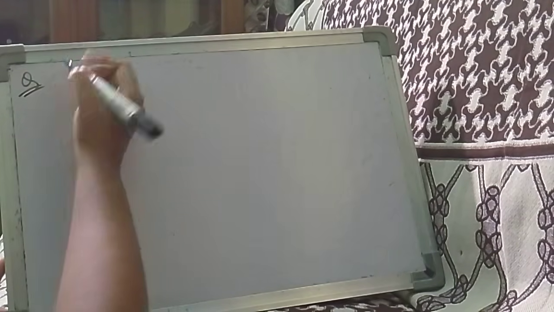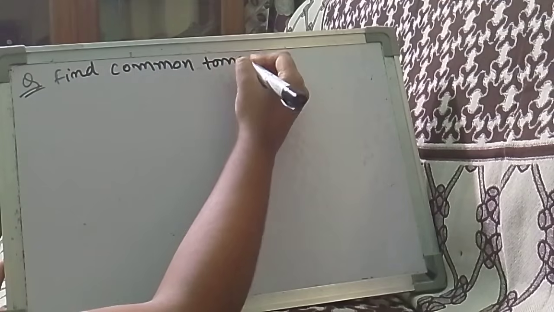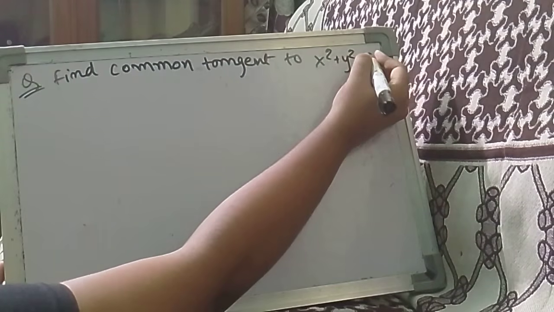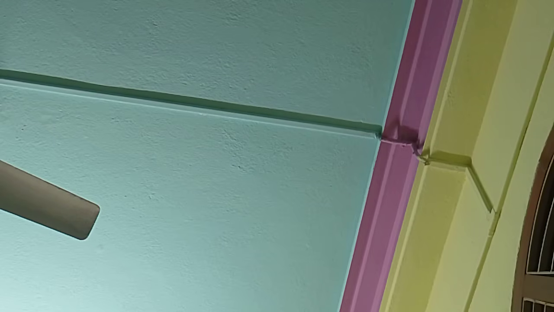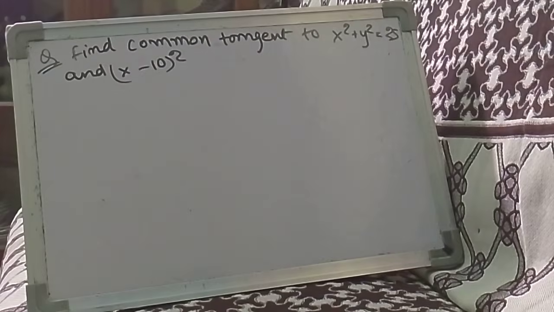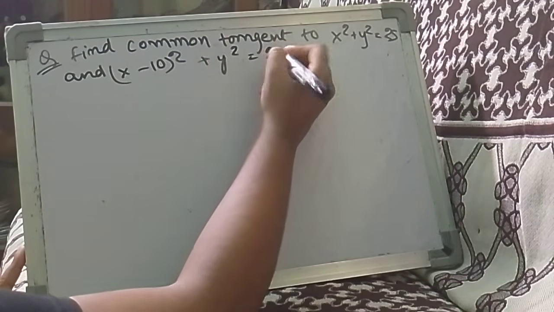It is said, find the common tangent to x square plus y square equals 25 and (x minus 10) square plus y square equals 25.